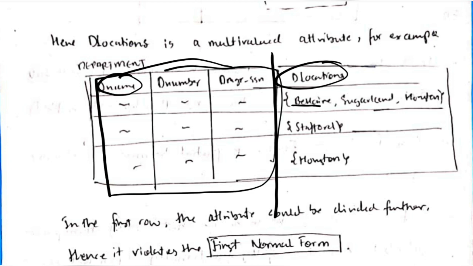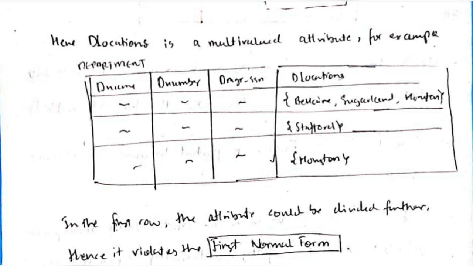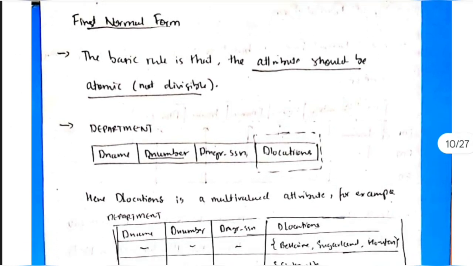Means if D name is like A and B and C here, A with the first location, A with the second location, A with the third location, like that we will have B with the first location, C with the first location, like that in a separate table. That is how we achieve the first normal form.